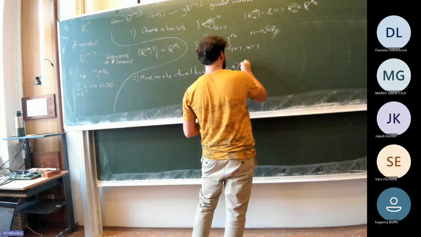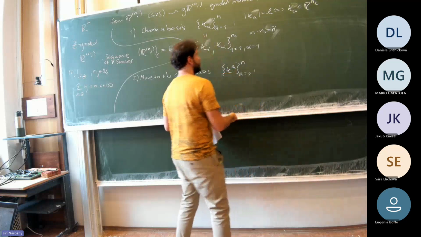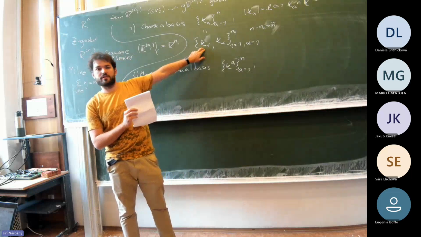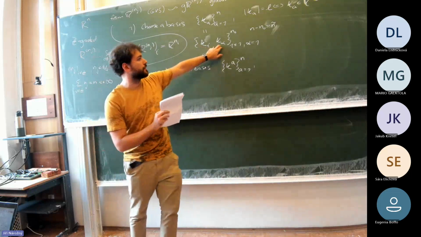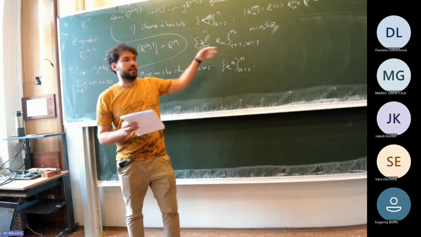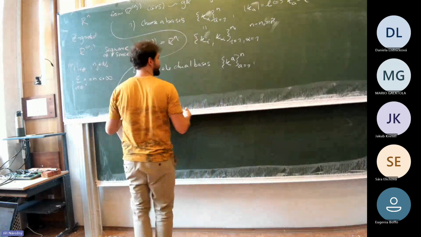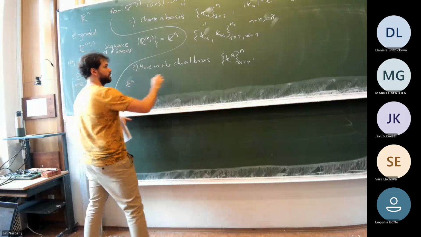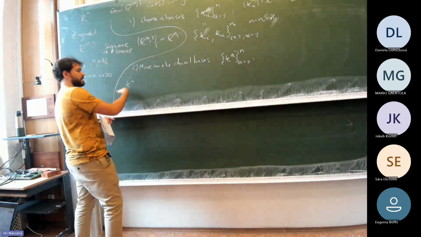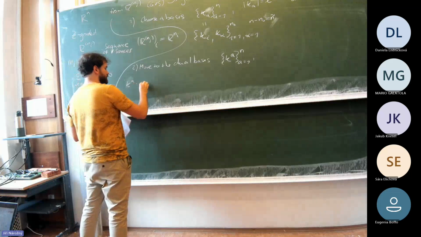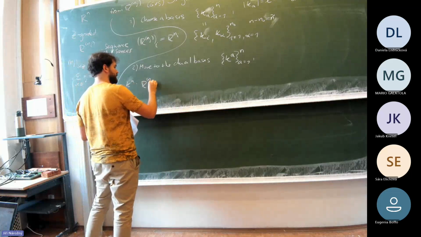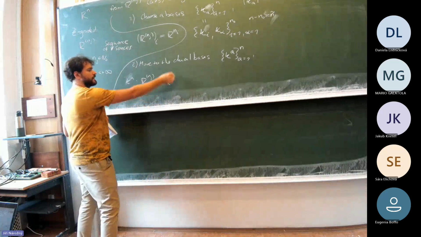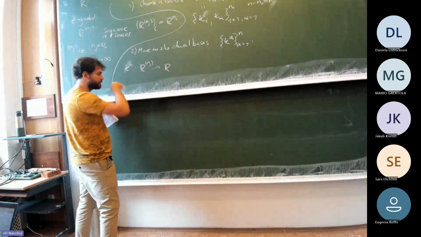Again, a goes from 1 to n. What's the dual of this? That's obvious, it's just the dual vectors. What's the dual of those that don't have a 0 degree? That's slightly less obvious, but every k^a, a being alpha or i, with this being degree 0 or not, is a linear map from this to the real numbers, where we take the real numbers as a graded vector space.